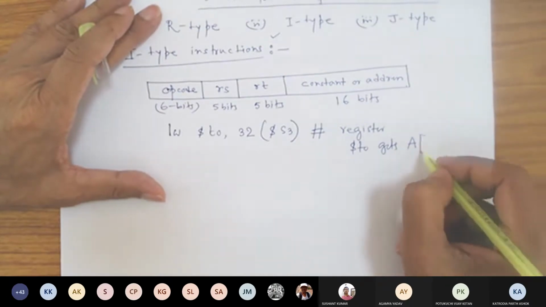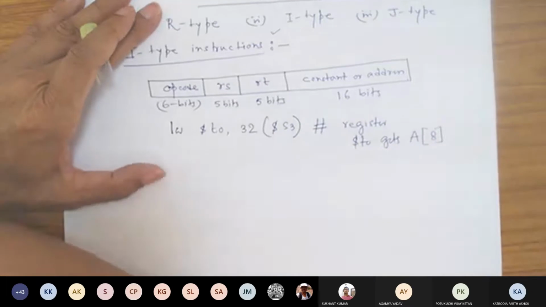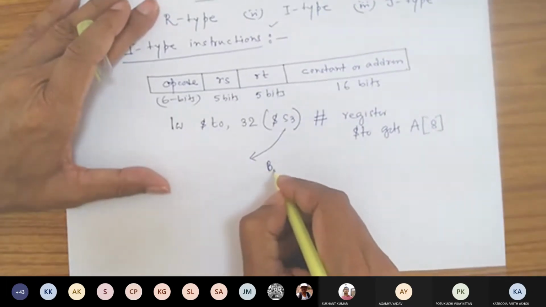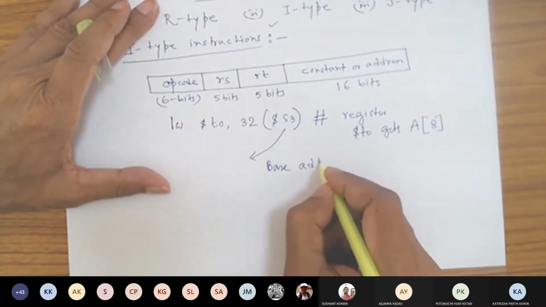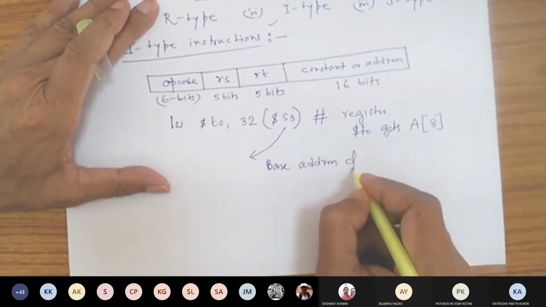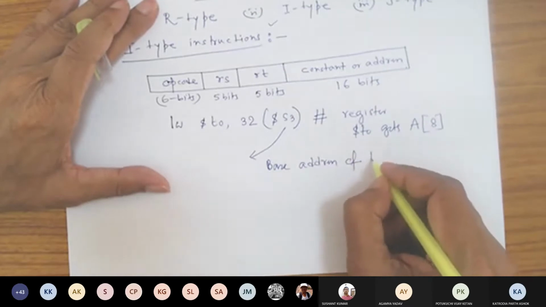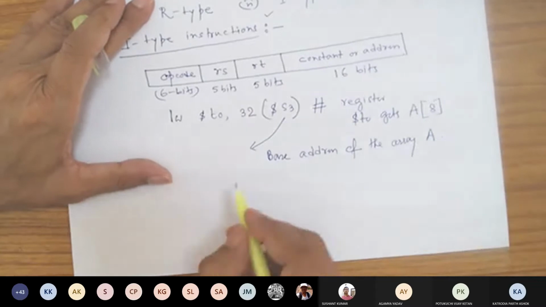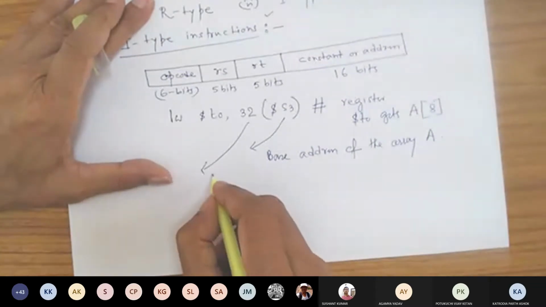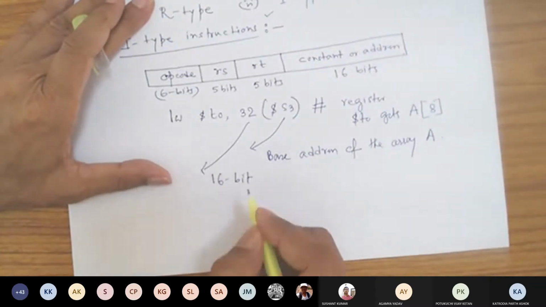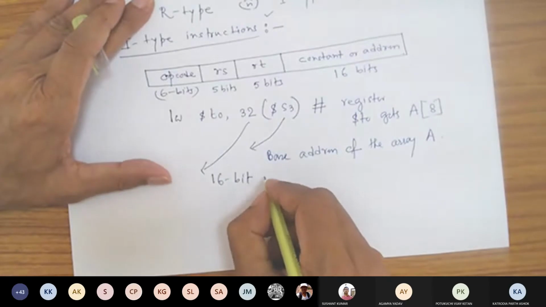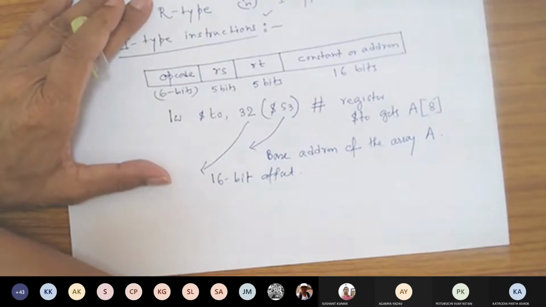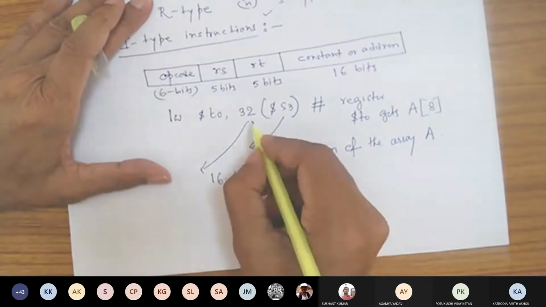Then 8, so this is the base address of the array A. This is a 16-bit offset.